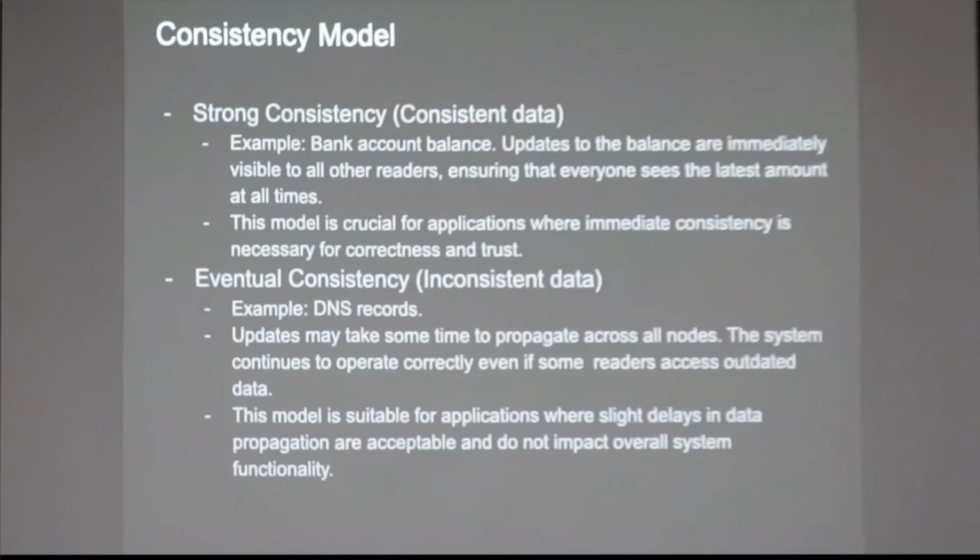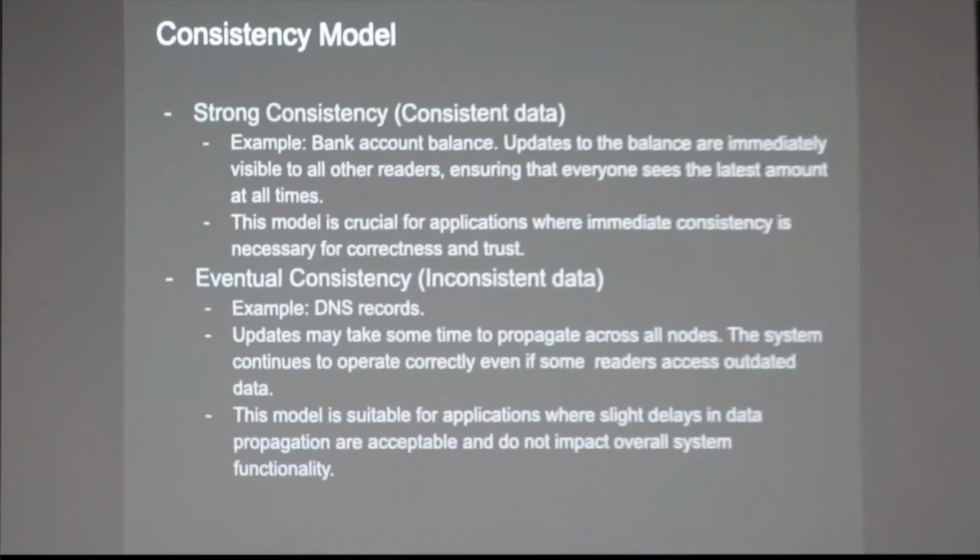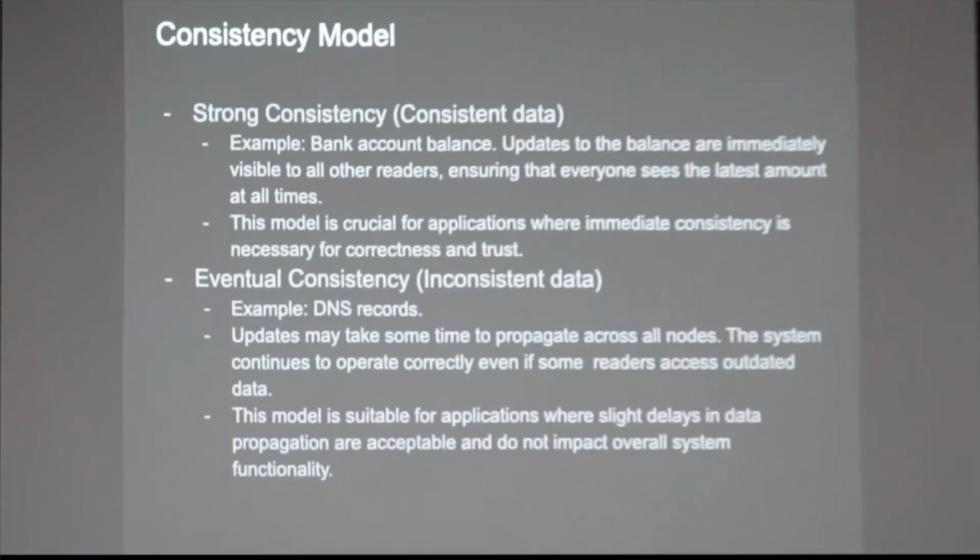It takes time for updates to reach everyone, like with DNS records. The key difference is whether your system can work correctly with outdated data. RCU itself provides eventual consistency. If you need strong consistency, you will have to use other synchronization methods like spin locks along with RCU.